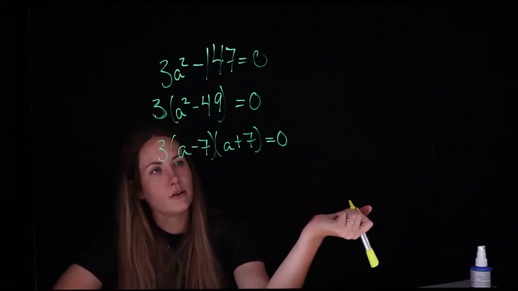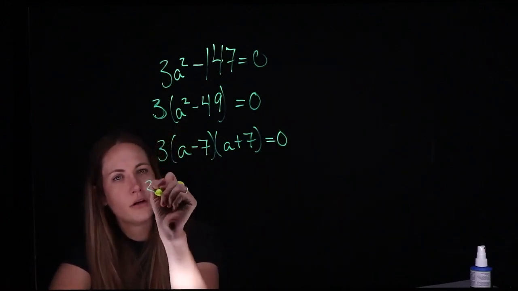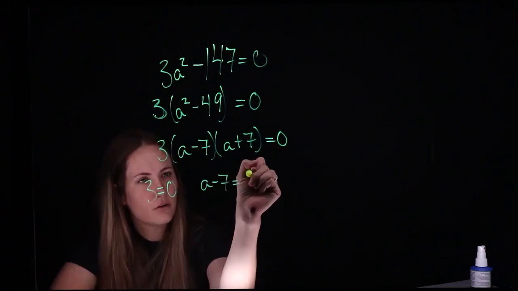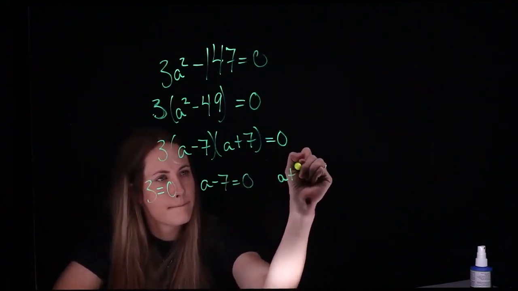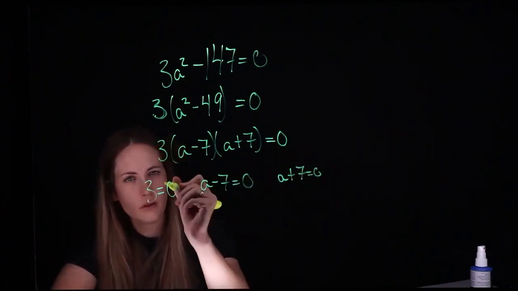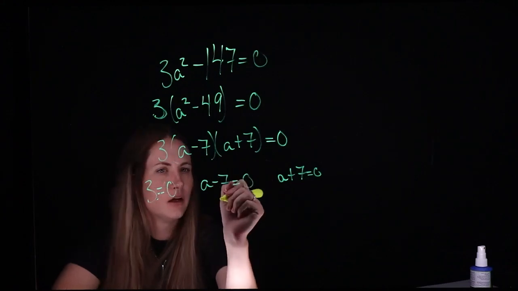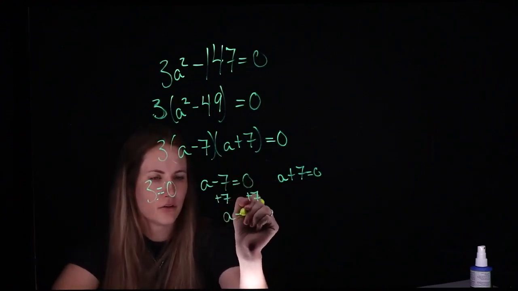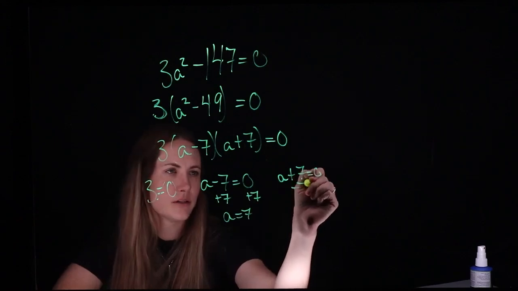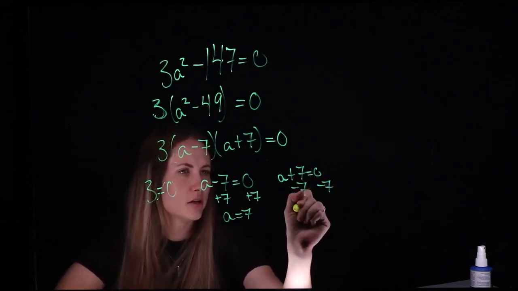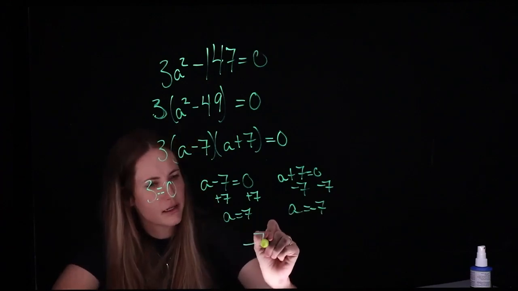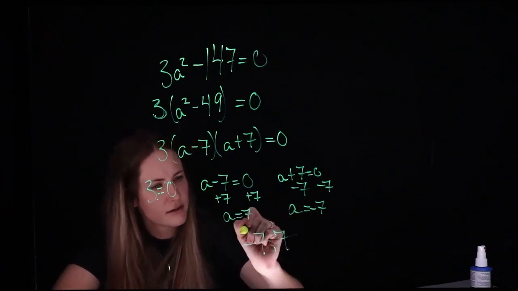And since they want the solution set on this problem, we just set everything equal to 0. 3 does not equal 0. Then the opposite of subtraction is addition, and the opposite of addition is subtraction. So our solution set is negative 7 and 7.